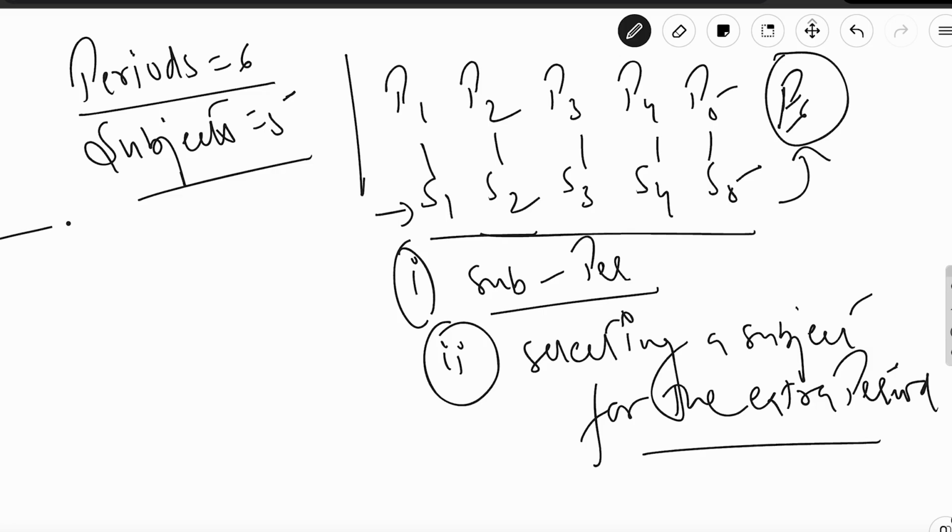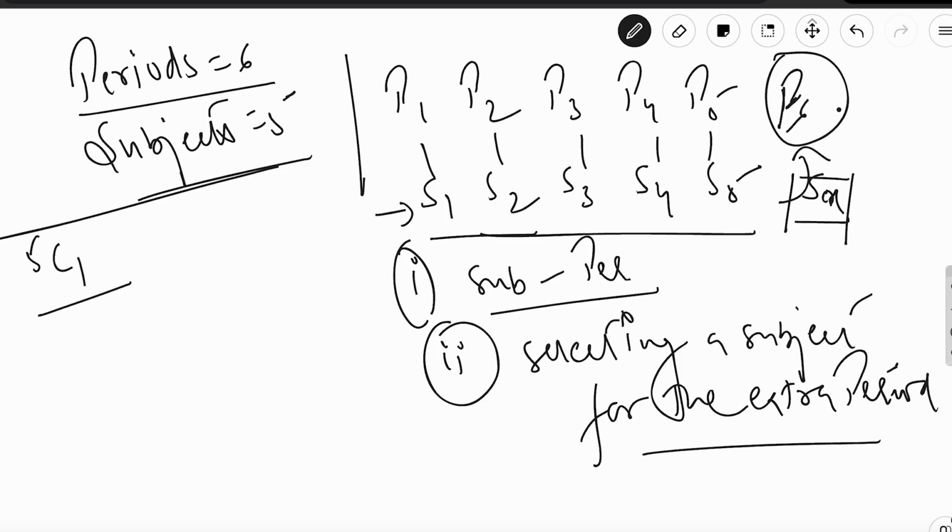Now we can select one subject out of 5 subjects to fill the extra period in 5C1 ways. Now we have 5 unique subjects and this one extra subject, S of x, which will occupy the sixth period.